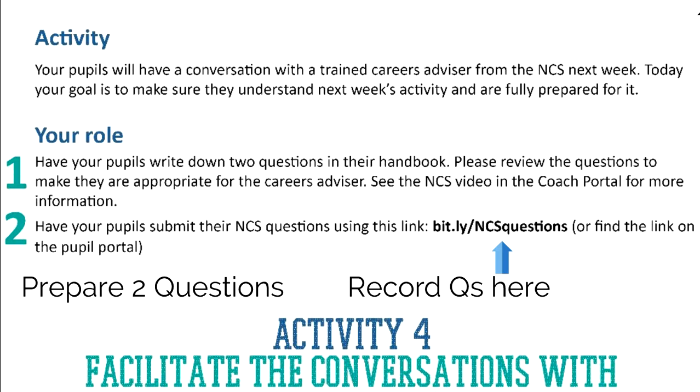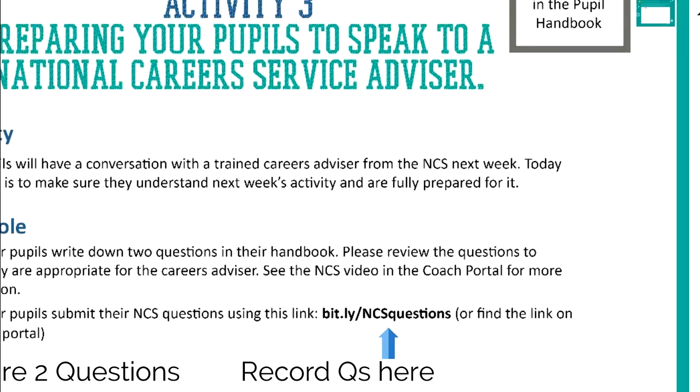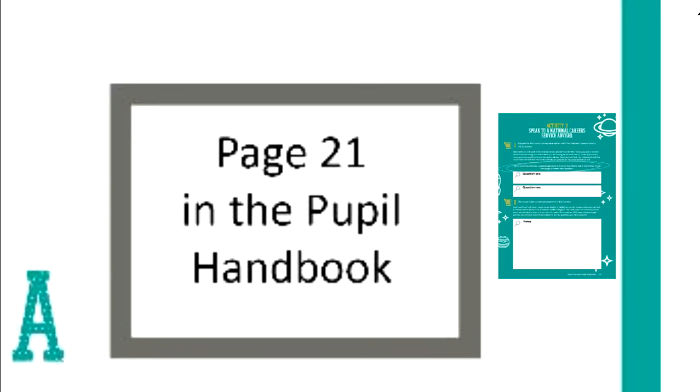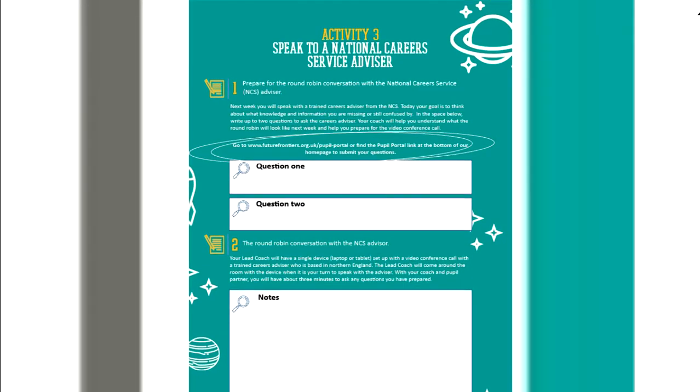You can also go onto the NCS video on the coach portal for more ideas on exactly what to ask the careers advisor, or what you should encourage your pupils to ask them. The corresponding page is in the pupil handbook, page 21, and this is where you fill in those 2 questions that your pupils have. Underneath, once you're actually speaking to the careers advisor, there's a space for them to take notes.